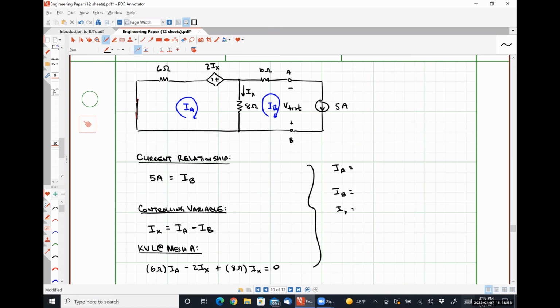In my second equation, I have 1 IA, negative 1 IB, negative 1 IX, 0 is my constant. And in my third equation, I have 6 IA, and then negative 2 plus 8 is positive 6 IX, 0 is my constant.